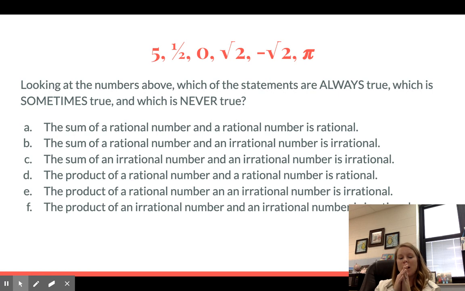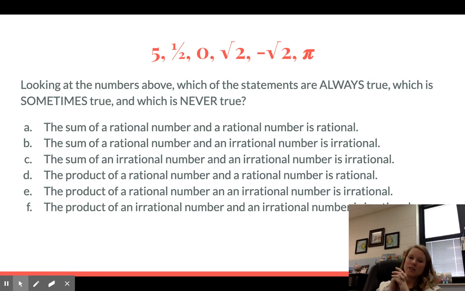C, the sum of an irrational number and an irrational number is irrational. What about that one? Always true, sometimes true, or never true? Let's look at D. The product of a rational number and a rational number is rational. What do you think about that one? Always true, sometimes true, or never true? Remember, product means multiplication.